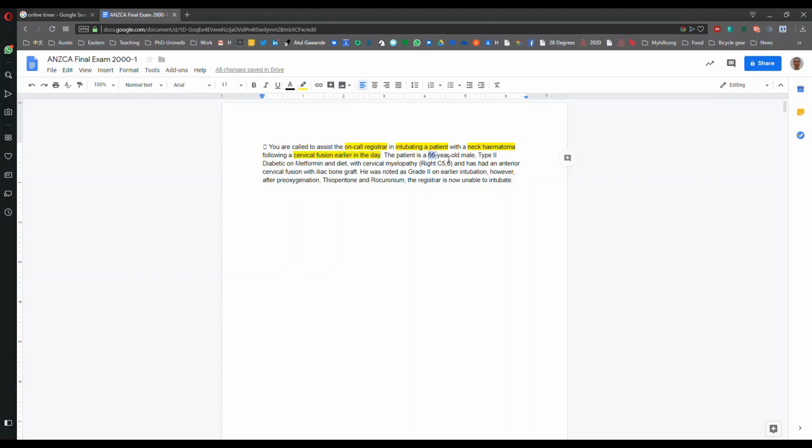He's 66. He's got type 2 diabetes. Cervical myelopathy. Is that an anterior cervical fusion? Iliac bone graft.